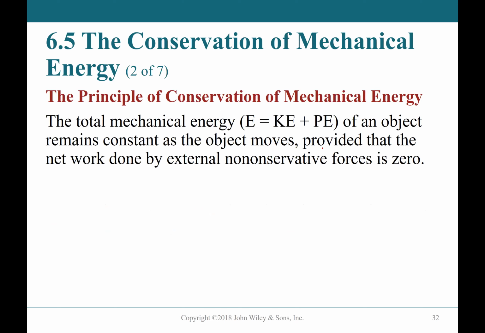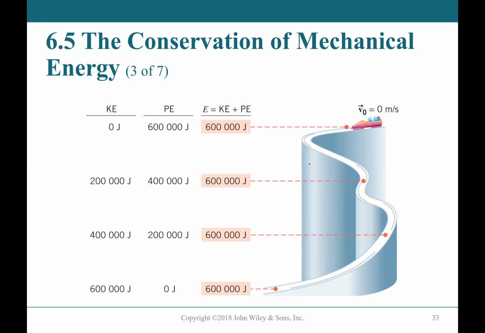So the total mechanical energy, E, equals the kinetic energy plus the potential energy of an object, and remains constant as the object moves, provided that the net work done by external non-conservative forces is zero. So this is what I want to show you in this picture: the conservation of mechanical energy.